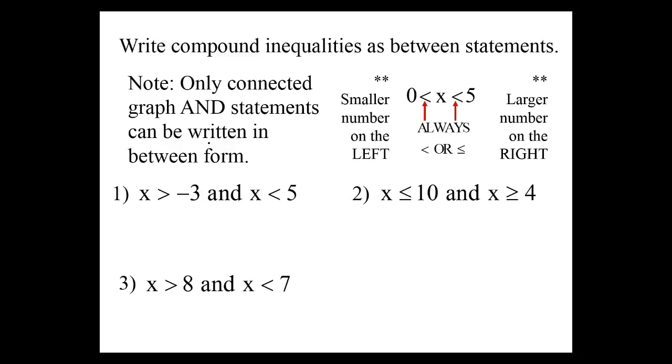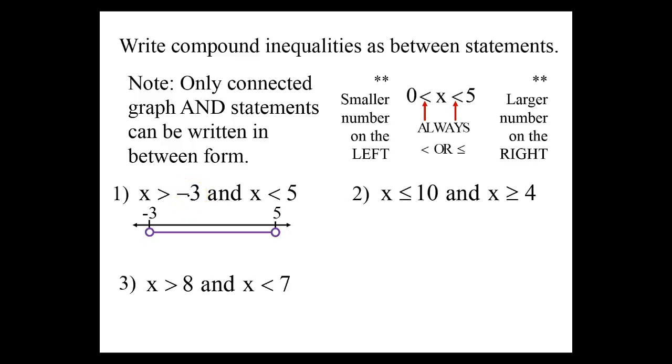And again, the way you know that is if you graph it, the graph must be a connected graph. So if we're looking at all the numbers bigger than -3 and less than 5, and you go ahead and graph that, you find out that yes, that is a connected graph, which means we can rewrite it as a between statement. So find the smaller, which in this case is x is greater than -3. -3 is smaller than 5.